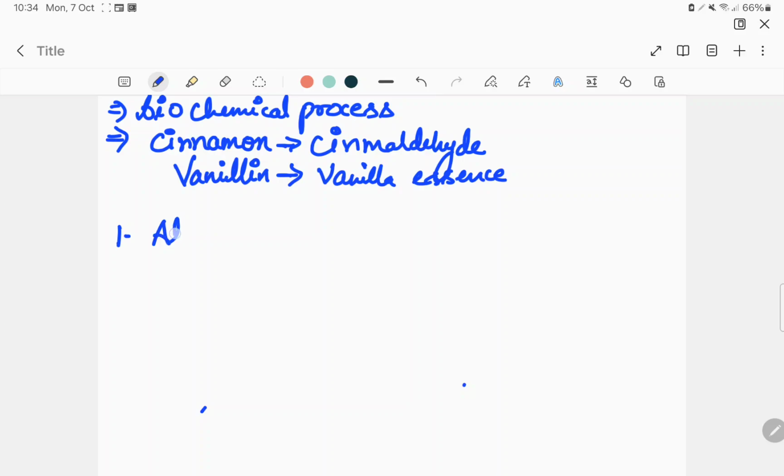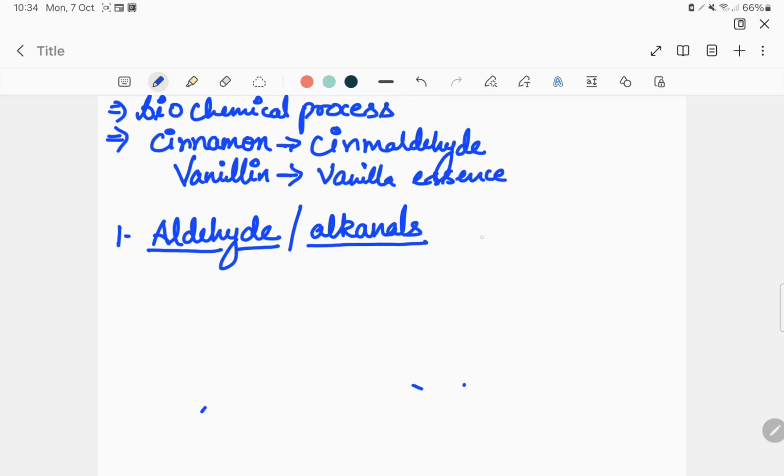Now first, aldehydes. They are also known as alkanals. They have the general formula RCHO.